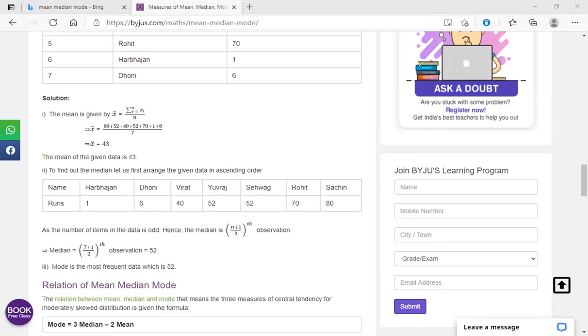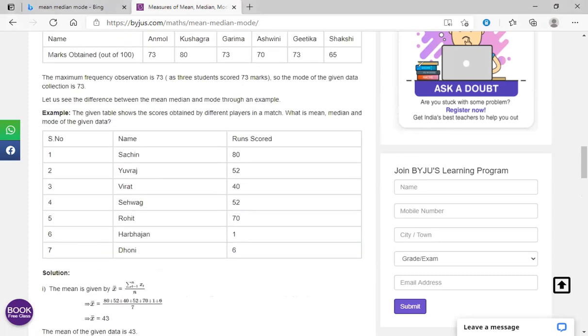Suppose we have the same data. These are the data: 80, 52, 40, 52, 71, and 6. Suppose we need to find the median of the data.